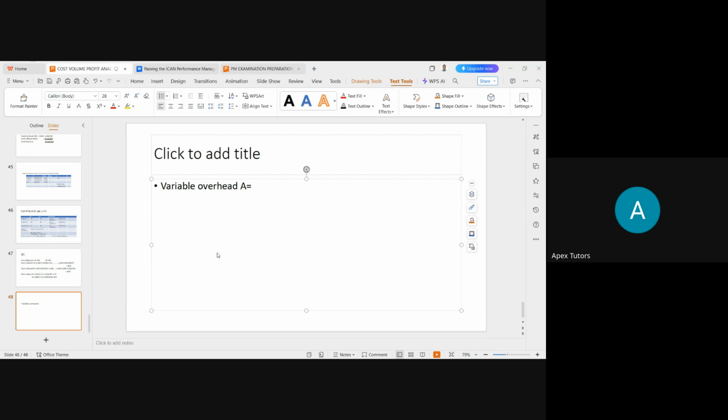For product A, the variable overhead will be 16. How do you get that? 1,120 divided by 70. Now for product B, what will happen? It will still be the same thing, sir, because it's still the unit of production. It's not the price that changes. Yes, so it's still the same value for variable overhead.